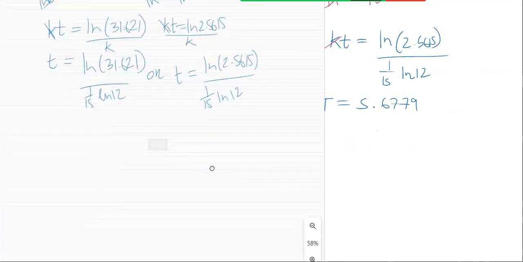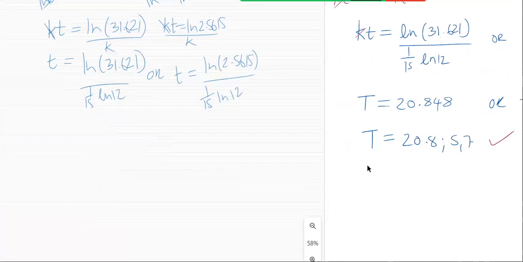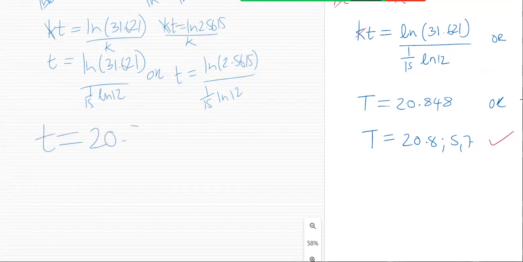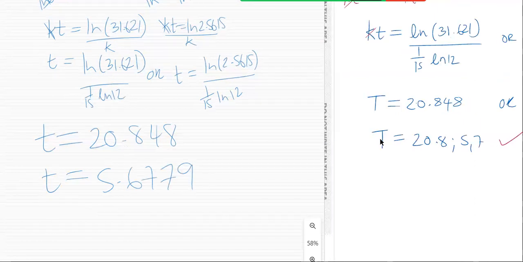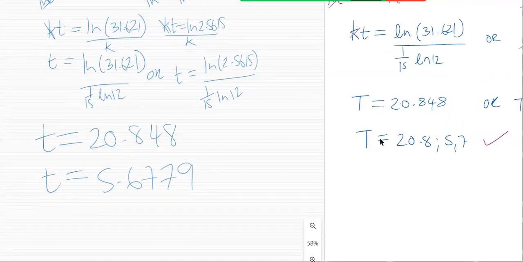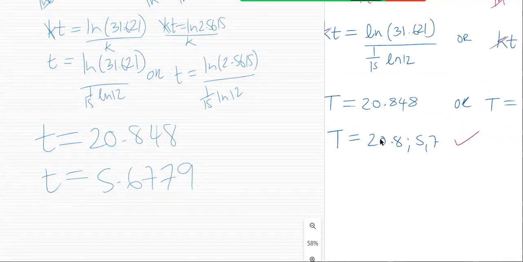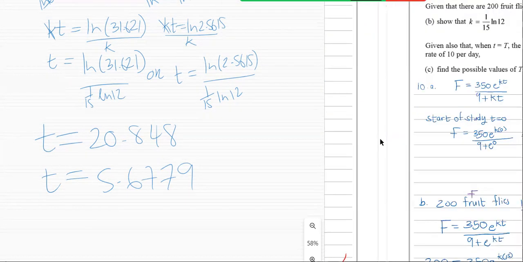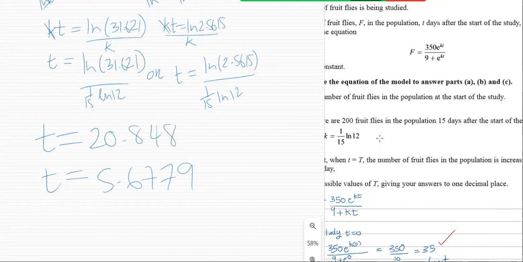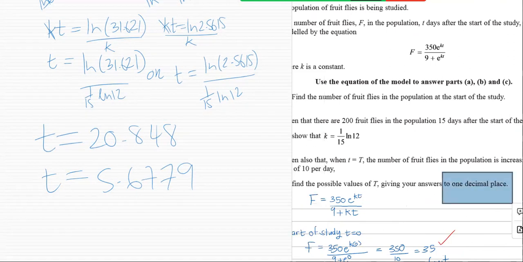Calculator work, and your final answers will be that t is equal to 20.848, and also t is equal to 5.6779. And just to check how many decimal points, or if it's 3 significant figures or whatever, we go back to the question. It asks for 1 decimal place.